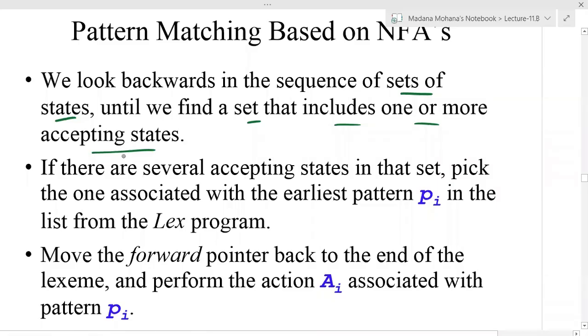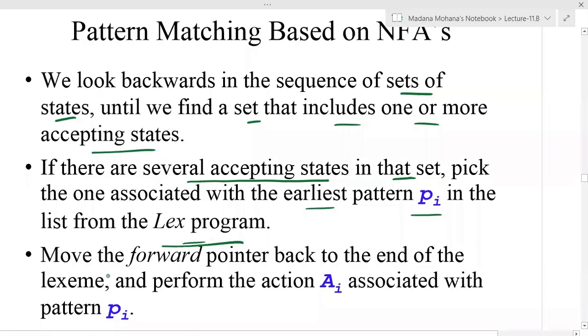If there are several accepting states in that set, pick the one associated with the earliest pattern Pi in the list from the Lex program, like P1, P2, P3 in our example.